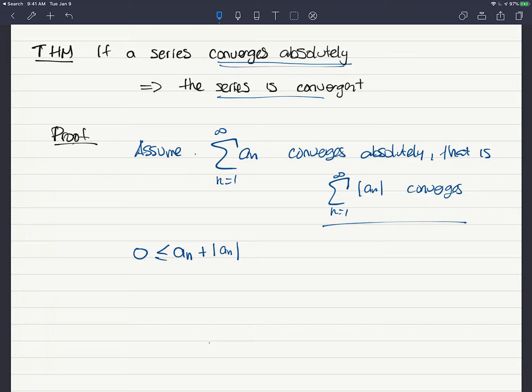And if a_n was positive, this is 2 times the absolute value of a_n. Because if a_n is negative, you add one positive and one negative of the same value, so it's 0. So you can put greater than or equal to 0. And if a_n is positive, then a_n is the same as its absolute value. So this is true for all n. It doesn't matter what number a_n is.